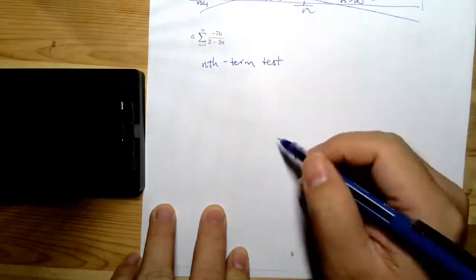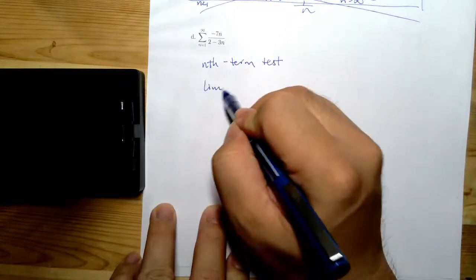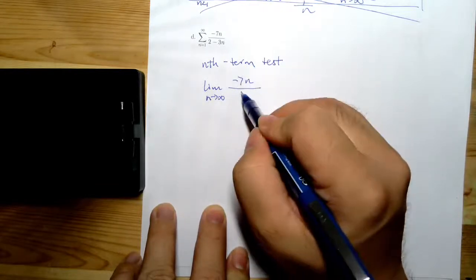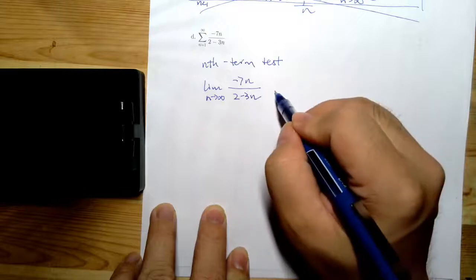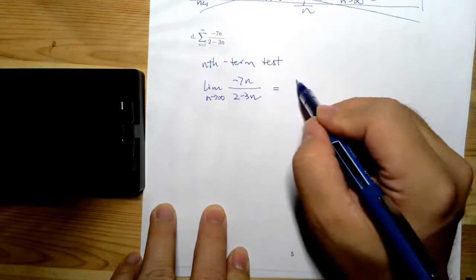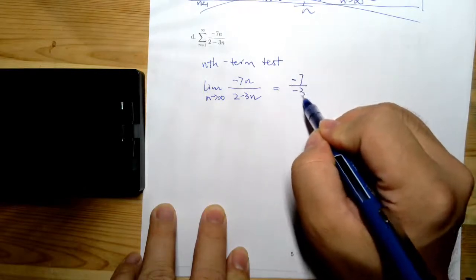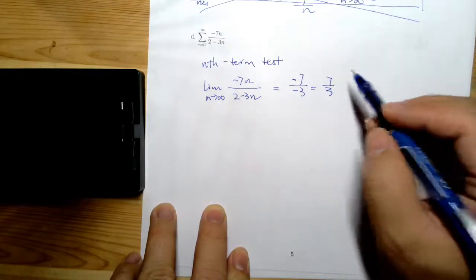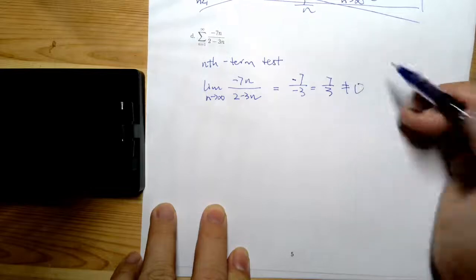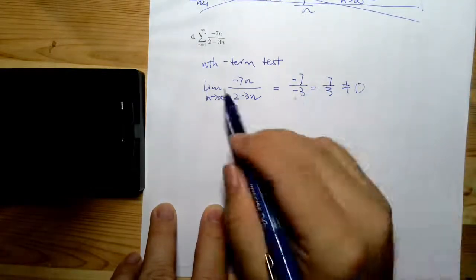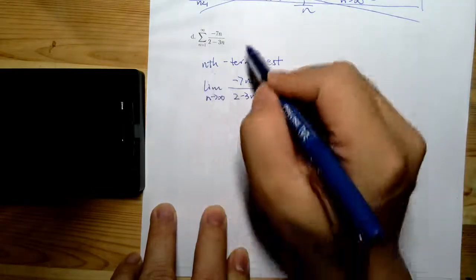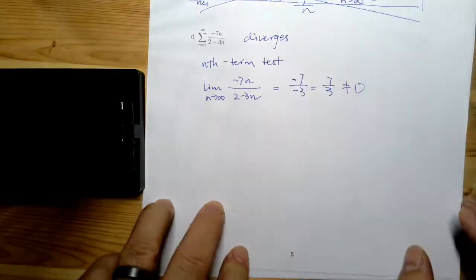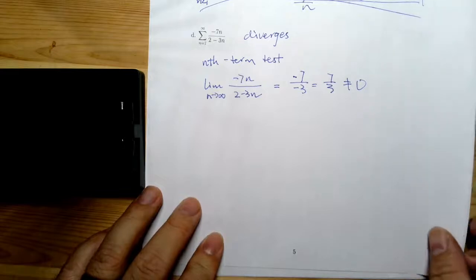All we need to do is to show that this limit as n goes to infinity of negative 7n over 2 minus negative 3n actually equals negative 7 over negative 3, which is 7 over 3. And we know that this limit does not equal 0. So based on the nth term test, this series diverges. Okay, so that's problem D.